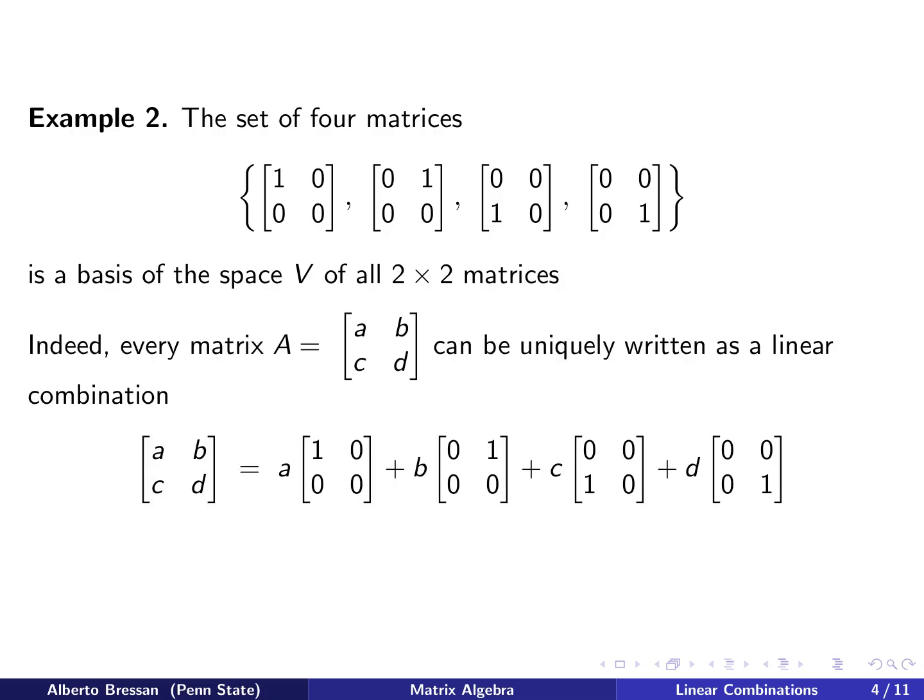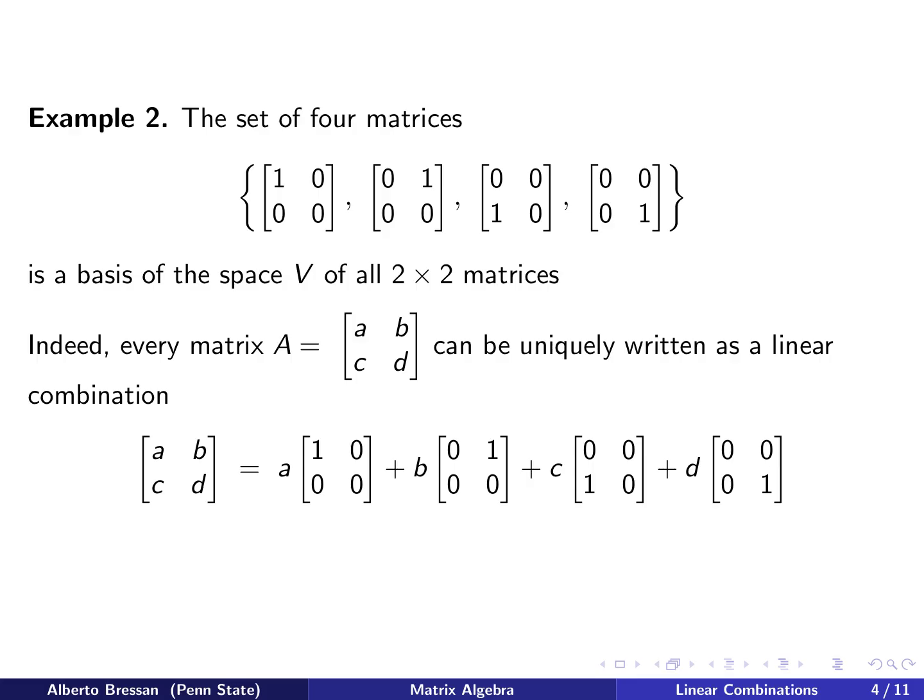Again, 2 steps. One is to show they're linearly independent, and I leave that as an exercise. And then second, to show that they span the vector space. This means that every matrix with elements A, B, C, D can be uniquely written as a linear combination of these 4 matrices.